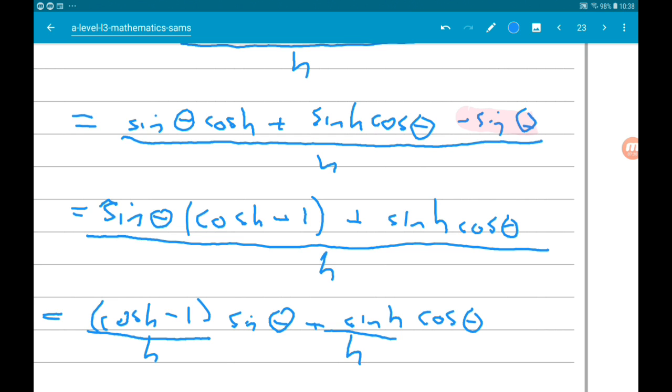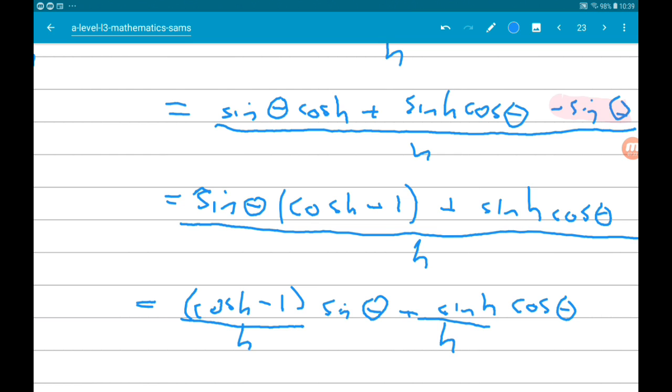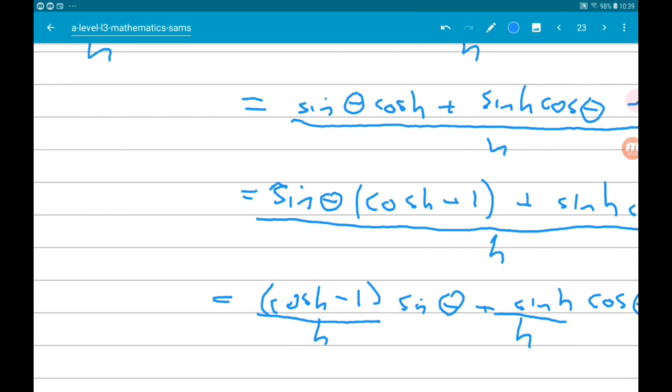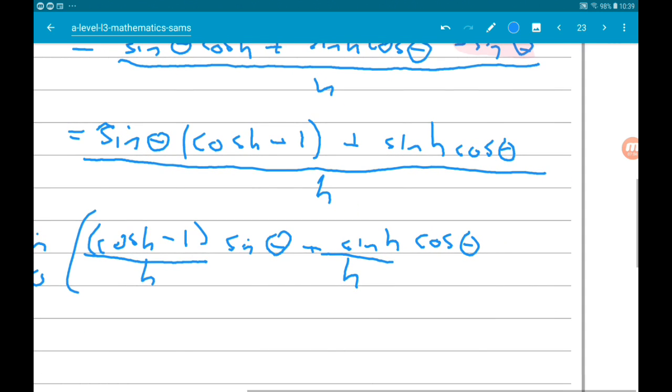So then we can say then that the derivative, so df by d theta, is equal to the limit as h tends to 0 of all of that.